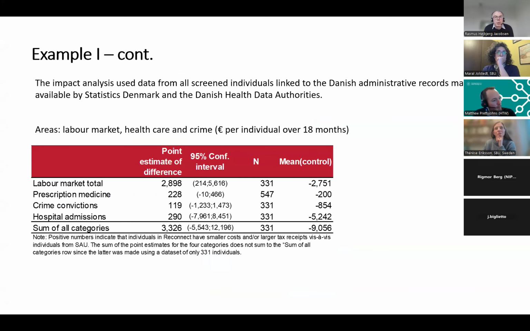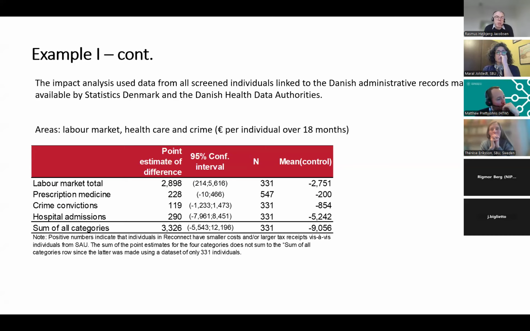So also looking at the impact analysis, we used the data for all the screened individuals. That is not only the 69 and the 48. And then we looked at the outcomes in labor market, healthcare, and crime. And what we can see here is labor market total.